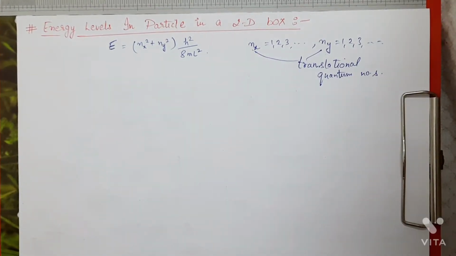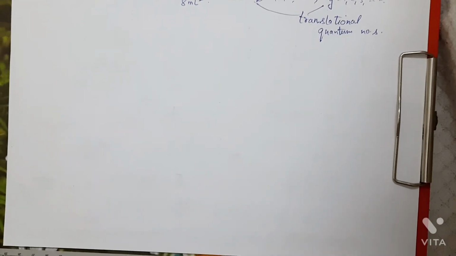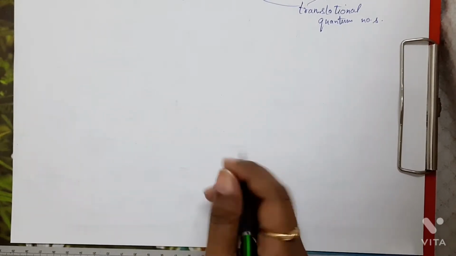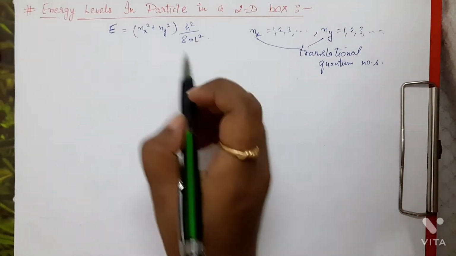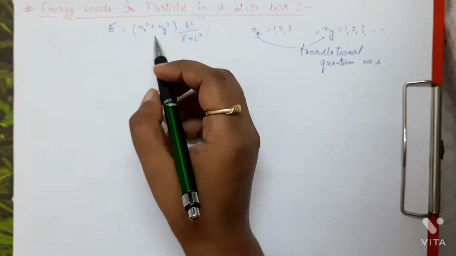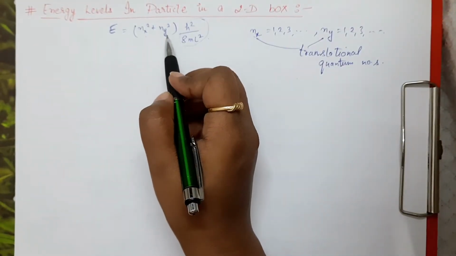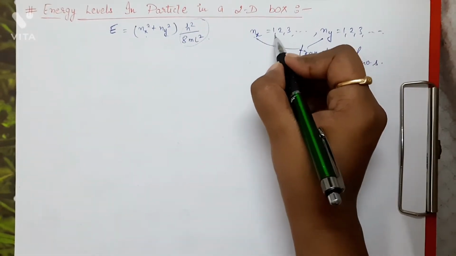Right, and now we are going to discuss the various energy levels which we are going to find in case of particle in a 2D box. Starting out with the first energy level, because we have this formula, E is equal to (nx square plus ny square) into h square by 8 m l square, we are just going to put in the values of nx and ny, starting with 1 and 1.